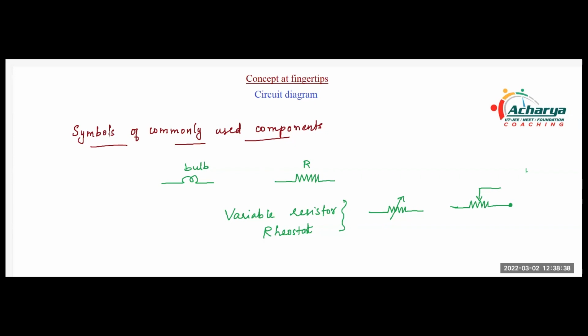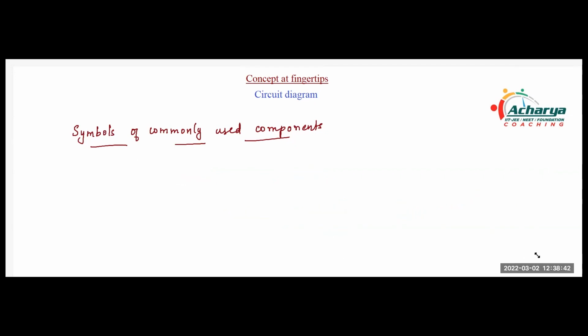And two other important components that we already saw in the circuit are the ammeter and voltmeter. Ammeter, as we already know, is used to measure electric current. So it is represented by this. This is the symbol. And voltmeter is used to measure the potential difference across 2 points.